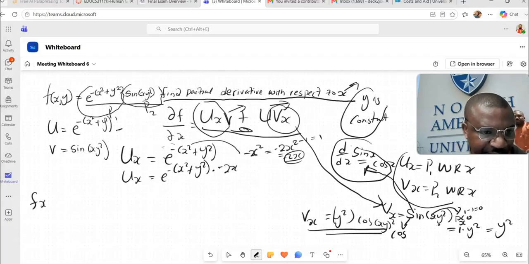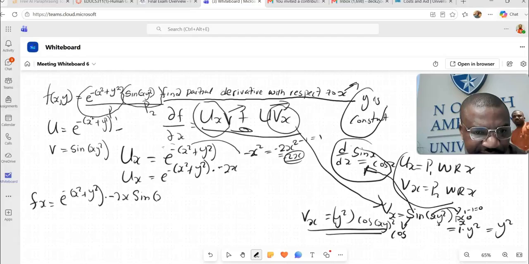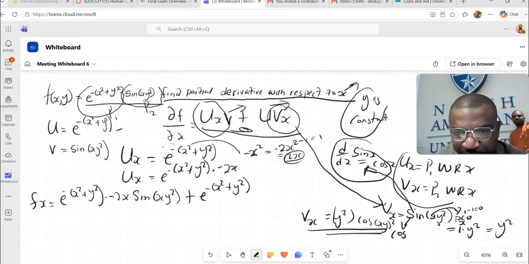Our function is equal to e to the power of negative x to the power 2 plus y to the power 2 with the multiplier of negative 2x, multiplied by V, which is sine x y to the power 2, plus the first product, e to the power of negative x to the power 2 plus y to the power 2, multiplied by Vx, which is y to the power 2 cos x y to the power 2.